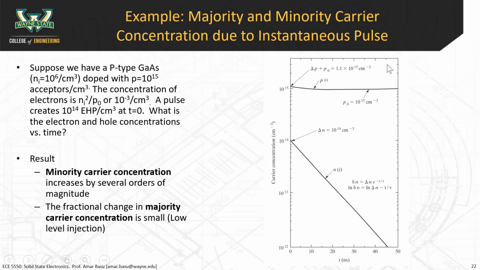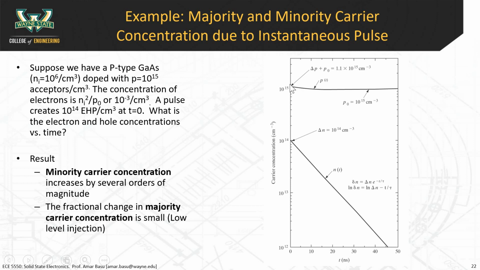Where's that coming from? You have 10 to the 15th from the equilibrium concentration, and then an additional 10 to the 14th electron-hole pairs per centimeter cubed due to the light being shined on the material. That's why you see this go up at time equals 0.